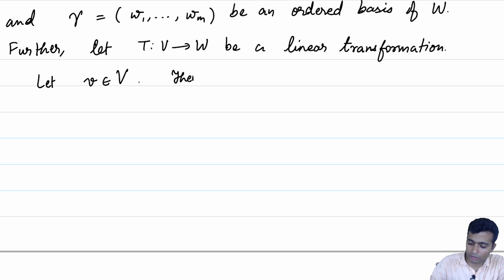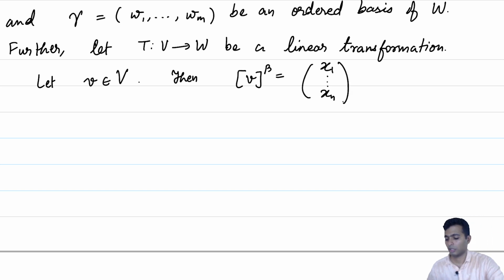Then every vector has a coordinate representation. So, the coordinate vector of v with respect to beta, let it be equal to x1 to xn. This is just telling us that v is x1 v1 plus x2 v2 plus up to xn vn.